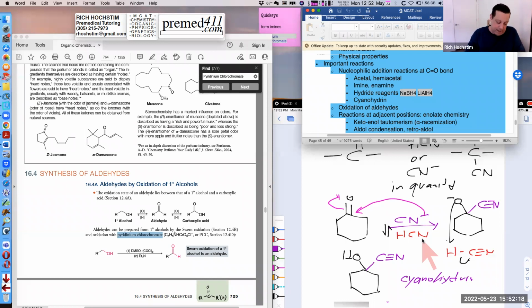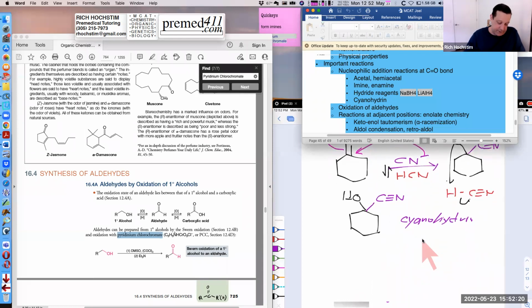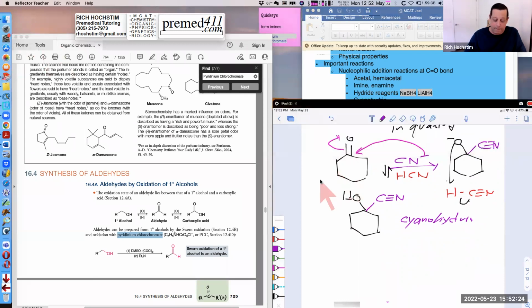That's the way to do it, unless you're into Breaking Bad and you want to wear a gas mask and all. But the other way to do it, which works just as well synthetically, just more danger to you, is you come over here, and on top now, you put this. It's a gas, so you're under the hood and you're taking precautions. And then you've got the CN here.